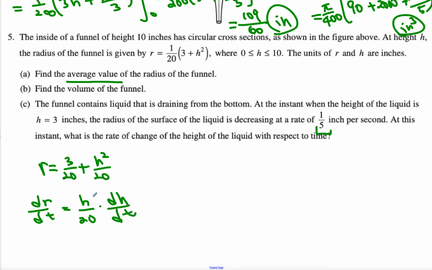But we know h is equal to 3, and dr dt is equal to 1 over 5. Since it's decreasing, I'm going to put down the negative sign.